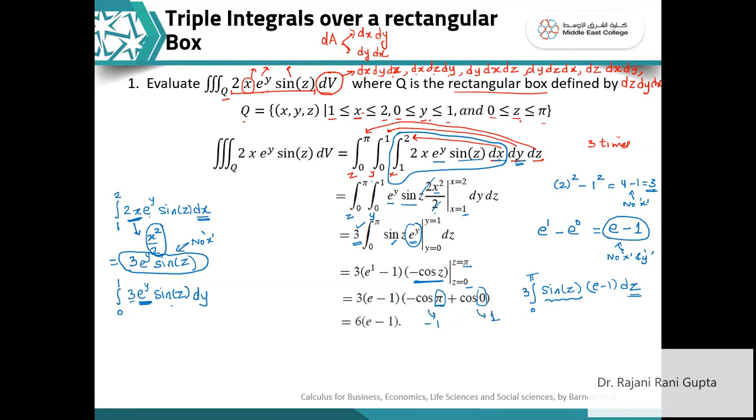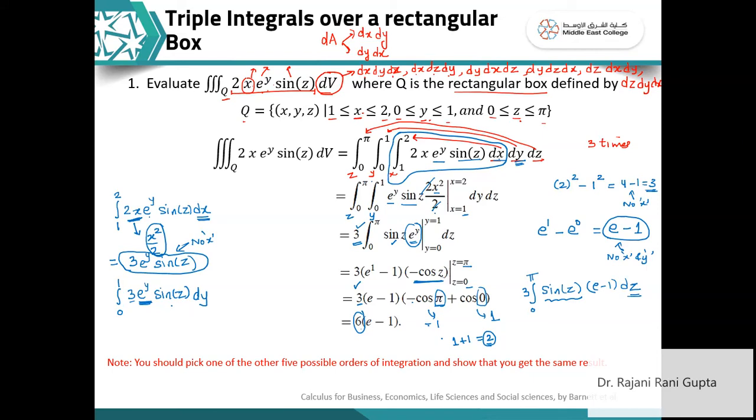So this will give you the final answer as e minus 1 into 6, because minus of minus 1 will become plus 1, and cosine of 0 is 1, gives you 2. This 2 and this 3 on multiplication gave you 6. So this is the solution of this question.